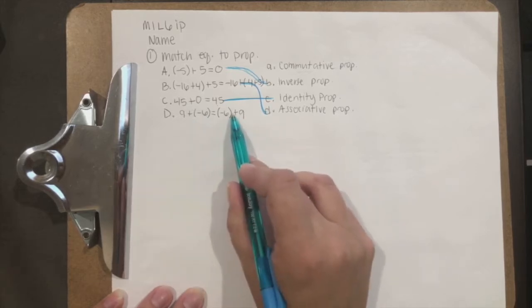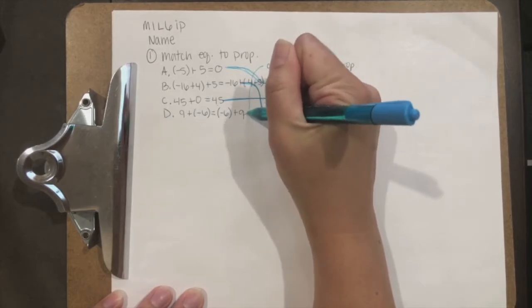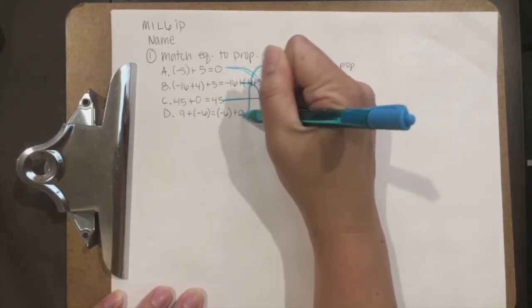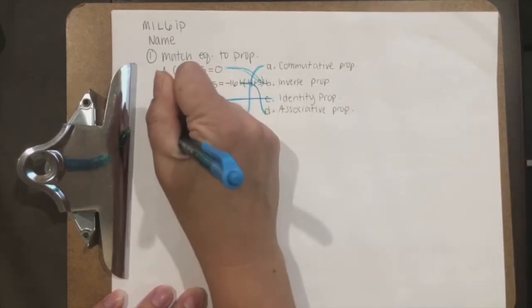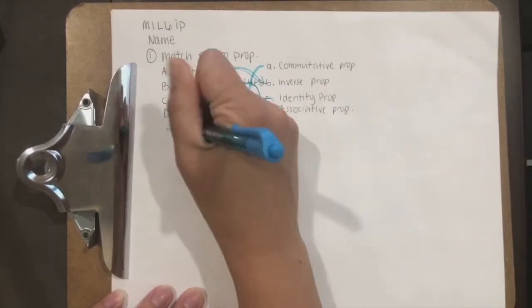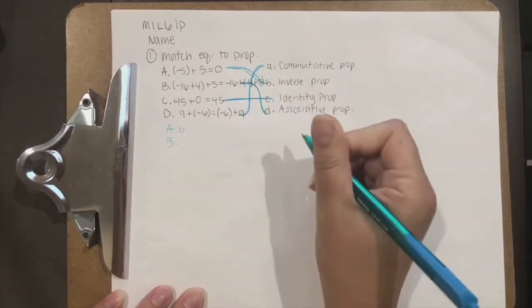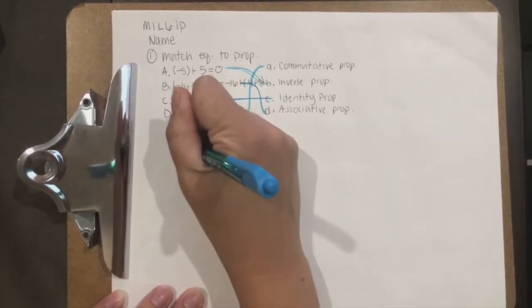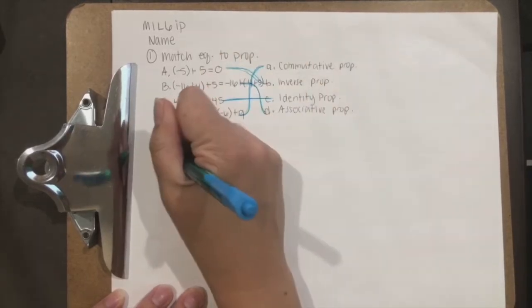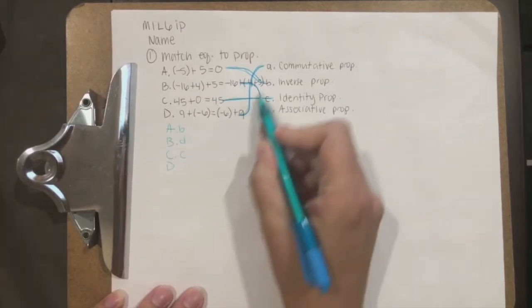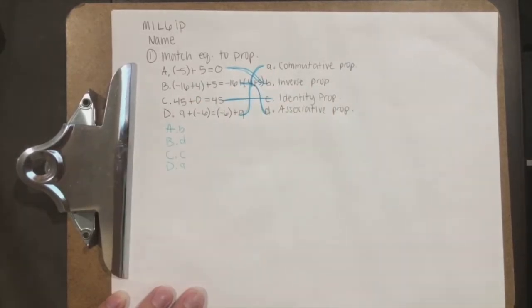They switched order. That is commutative. So capital D goes to A. So it should say A goes to lowercase b, capital B goes to lowercase d, capital C goes to lowercase c, and capital D goes to lowercase a.